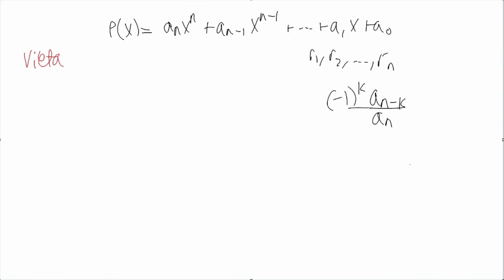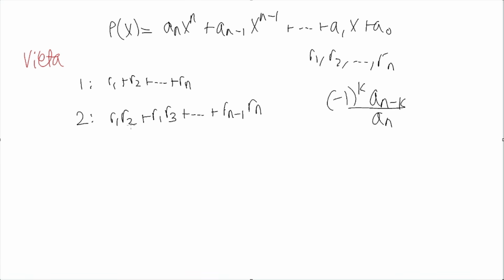Now, what exactly is the kth elementary symmetric polynomial? We're going to be talking about this a bit later in this video, but the first one, for example, is just the sum of the roots, r1 plus r2 plus so on and so forth, plus rn. Then the second one is r1r2 plus r1r3 plus all the way, and we're going over all pairs of these. So basically the kth elementary symmetric polynomial takes all bundles of k of the numbers from 1 through n, and it puts them under r.